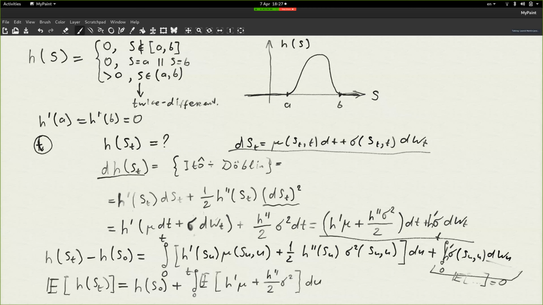So that's the expected value of H of ST. But I will make a copy for myself of what I have derived: integral from 0 to t, expected value of H prime mu plus H double prime sigma squared half du. Okay. Clearing this, we go forward.